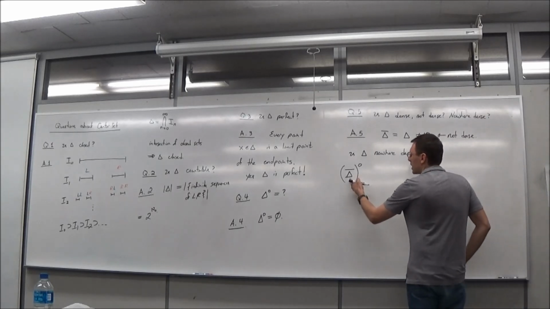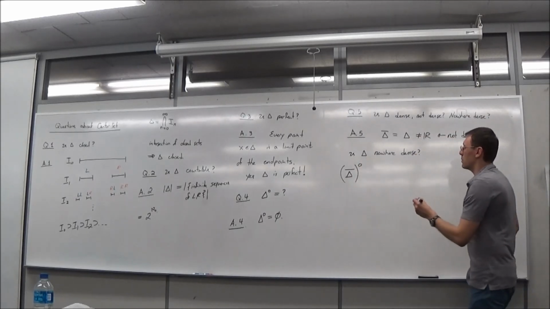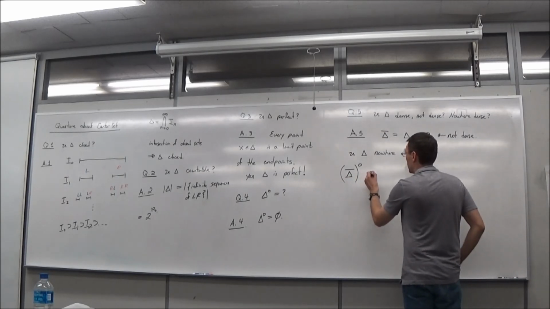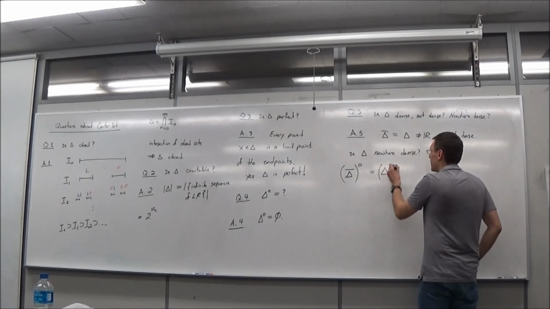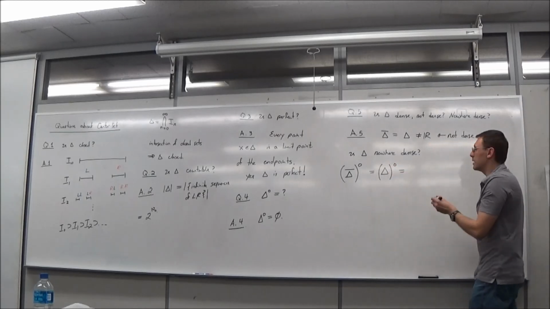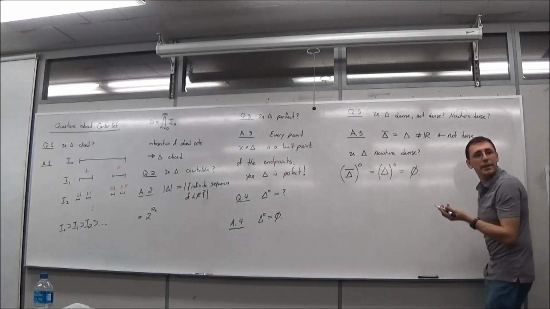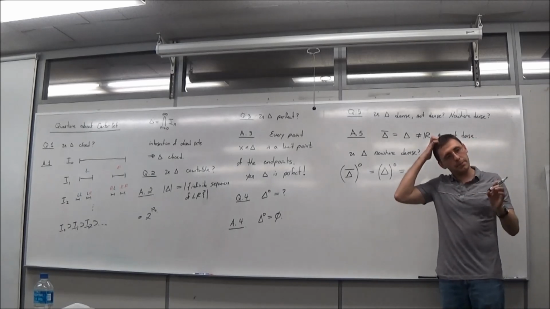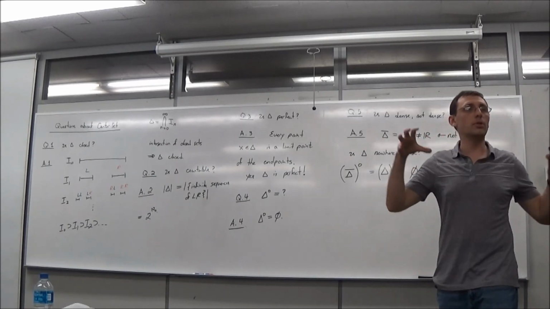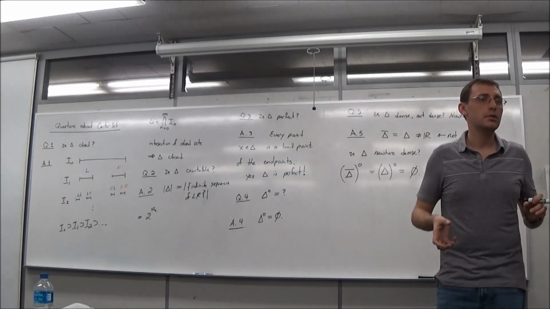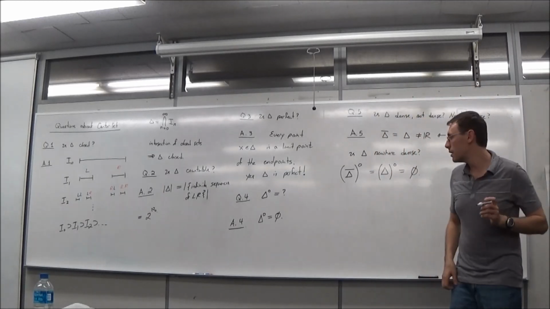But with the Cantor set, if I take the closure, what do I get? You already answered this, right? I just don't do anything because it's already a closed set. And if I take the interior, it is empty. That means the Cantor set is very sparse. It doesn't have enough limit points to create itself a neighborhood, to create itself an open set.